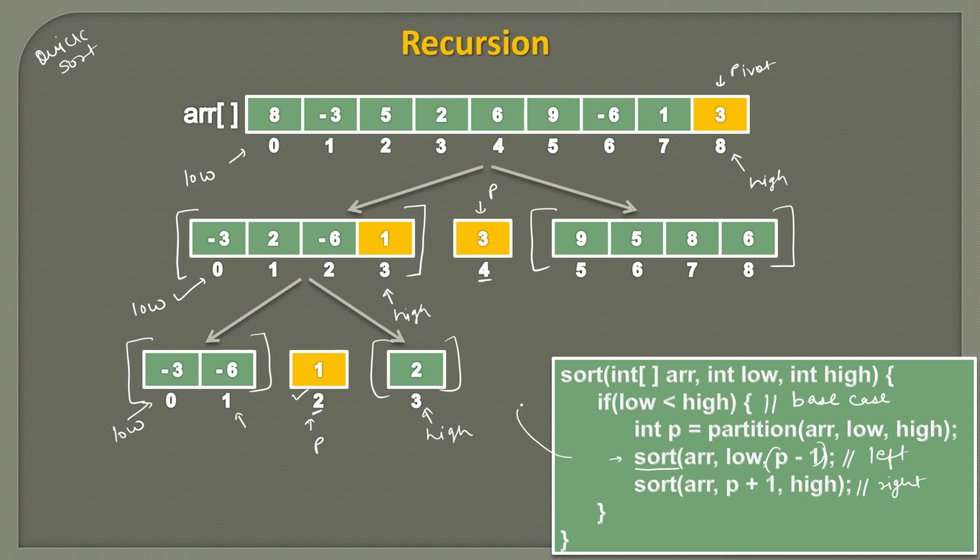So when this sort method is called again, low will be at the same spot but high will become this spot. So now we are actually picking up these 2 elements and trying to apply this logic. So this will be our low and this will be our high.